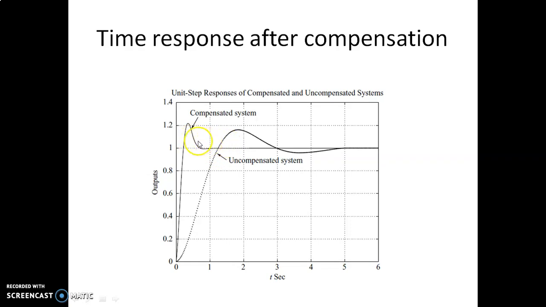There is a slight overshoot over here, because as the rise time reduces, the overshoot is slightly increased. This is one disadvantage of this phase lead network. But anyhow, you can see this is settling sooner. Since the Kv value is higher, the steady state error is less in the compensated network.